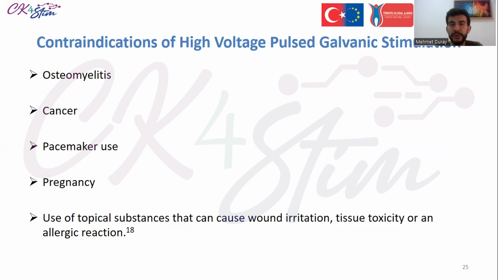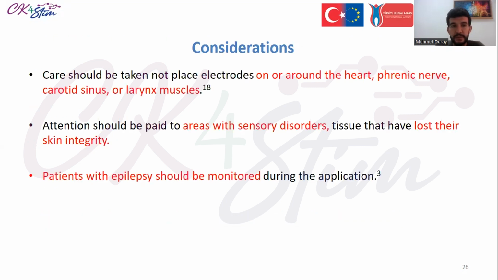The current has some contraindications in the treatment, such as osteomyelitis, cancer, pacemaker use, pregnancy, and use of topical substances that can cause wound irritation, tissue toxicity, or an allergic reaction.